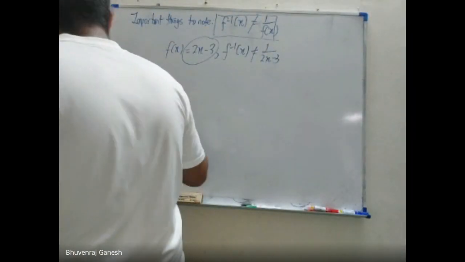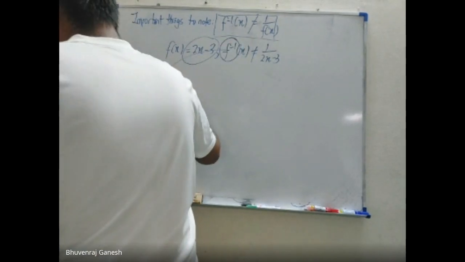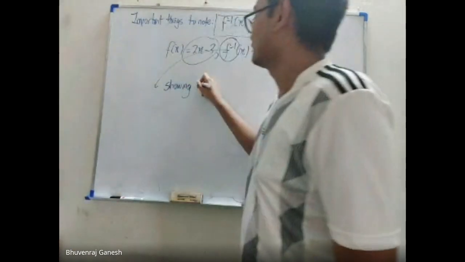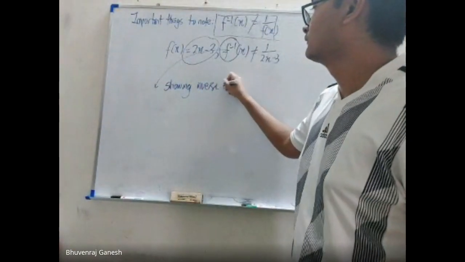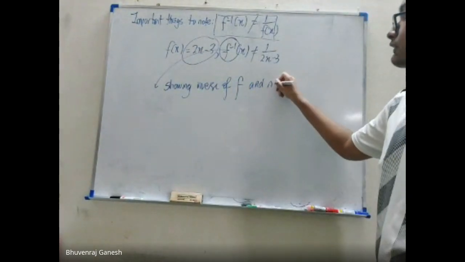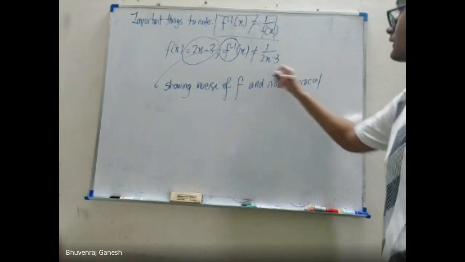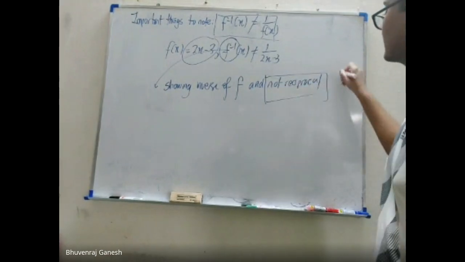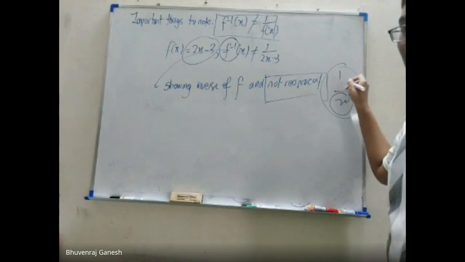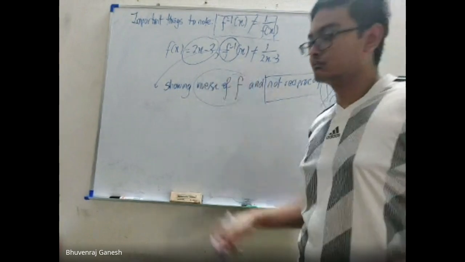So you have to know that this f power negative 1, the negative 1 is actually showing inverse of f, and not reciprocal. So this is an important thing here. Reciprocal means 1 over something, let's say x. So it's not showing this part here. It's just showing you an inverse function only.